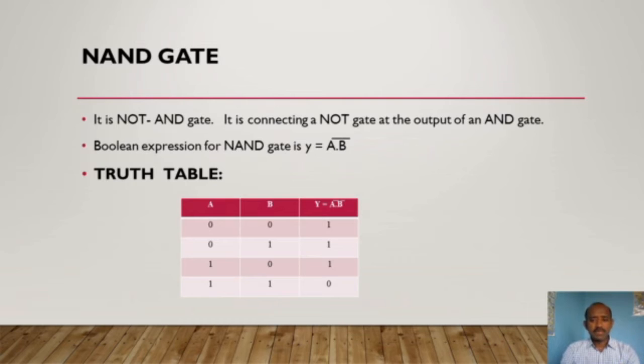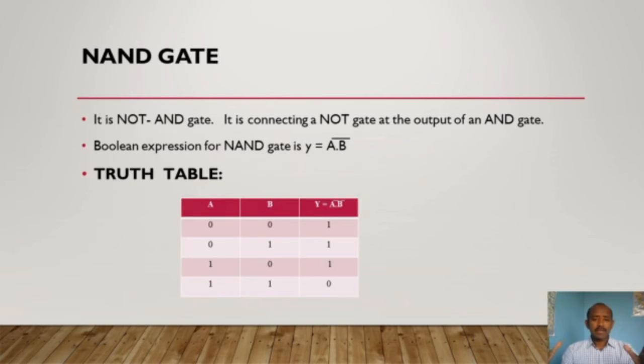If we give 0 and 0 as inputs for A and B, the AND output will be 0 only, because multiplying 0 and 0 gives 0. But in the case of the NAND gate, if we give 0 and 0 as input, we will get 1 as output. If you give either 0 or 1, the output will be 1 only.